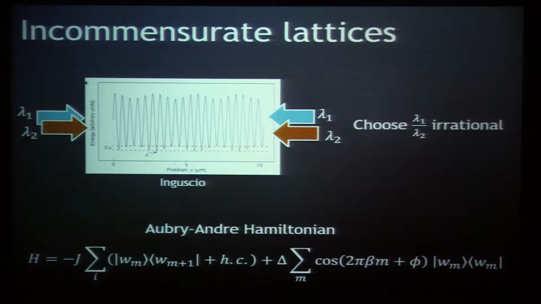And I wrote this down kind of how Vadim wrote it down, where there's a tunneling term in this lattice, the hopping from site to site, and there's a disorder energy on each site, which is controlled by the incommensurate lattice. So typically you have one strong lattice here, made by lambda 1, and then a weak lattice made by lambda 2, and that's taken into account in terms of this disorder here. And this phase controls the phase offset between the two lattices which are adding together here. All right, but of course, it's really just incommensurate lattices, so this is not really random in some sense.